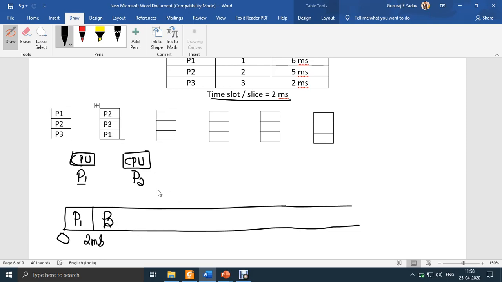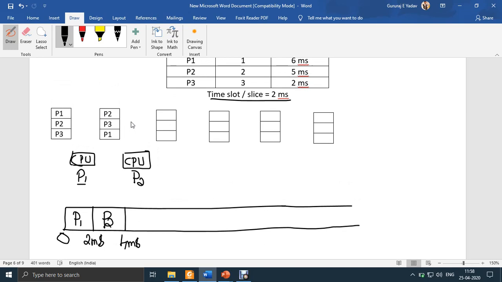How much time will P2 be given? Again only 2 milliseconds, because the time slice is already predefined. So 2 plus 2 is 4. P2 will be given exactly 2 milliseconds.